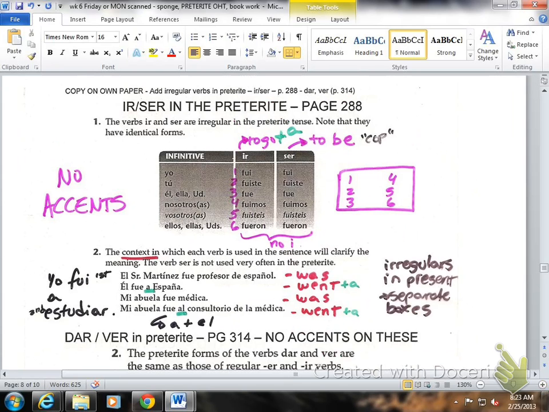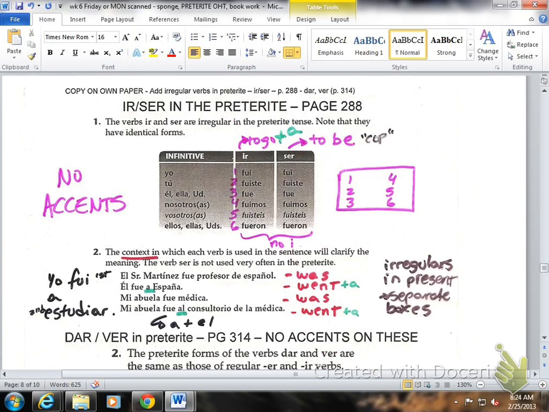Technically, you don't need to know the fifth one, the vosotros form, because we're still not making you responsible for those. If you see an a after the blank, usually it's going to be that you went somewhere, because remember the verb to go always has to be followed by an a, because you either went to a place or you went to do something. So that would be a clue.